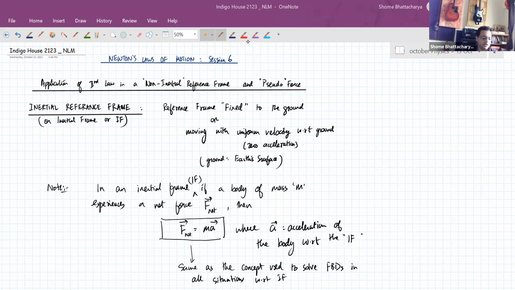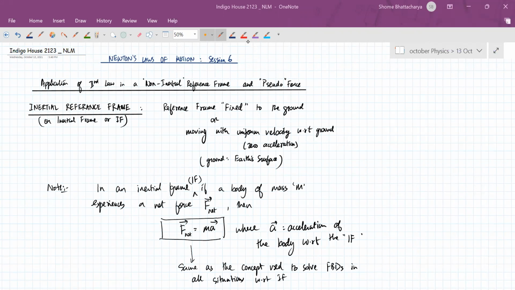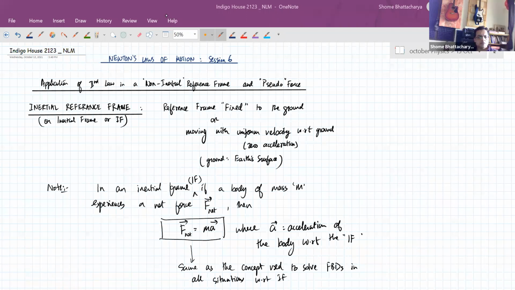Or Newton's second law can be applied directly as per the definition. Okay, so Ethan, if you finished writing this down.